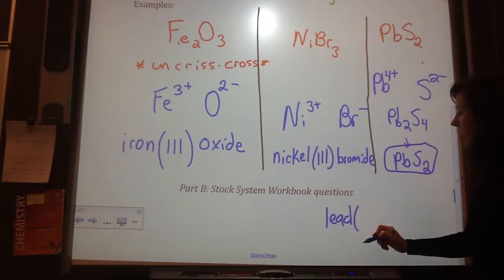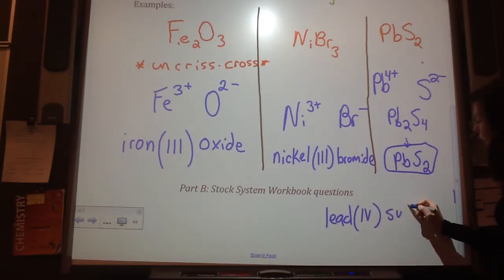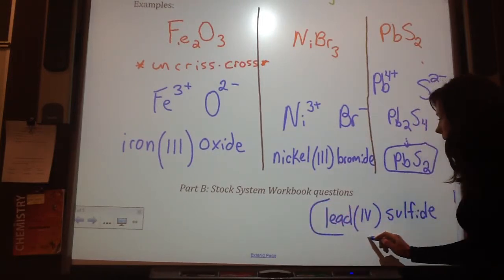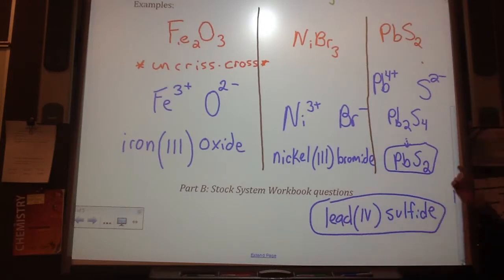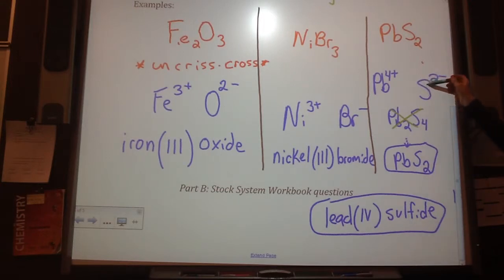What's its ion? 4. So lead 4 sulfide. That's the answer, the name. So PbS2 is the simplified formula. You always want to take the most simplified formula, because Pb2S4 is incorrect to write as your answer. I was just showing you how I knew that it was these ions, okay?